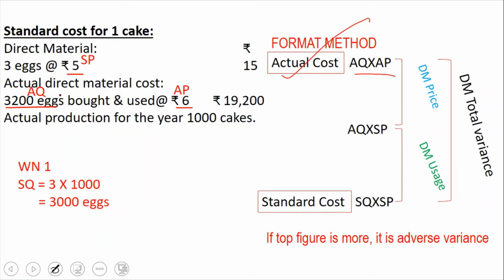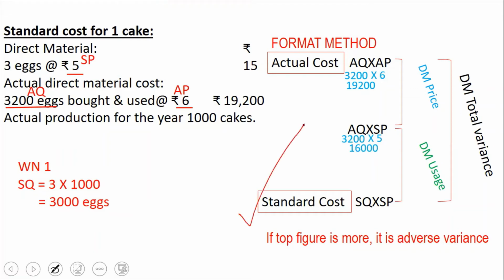So what is AQ? AQ is 3,200 and AP is 6. So it is 3,200 into 6, giving an amount of 19,200. And second comes actual quantity valued at standard prices. What is AQ? AQ is 3,200 and SP is 5. So substituting those figures there, we have 3,200 into 5, giving an answer of 16,000 rupees.